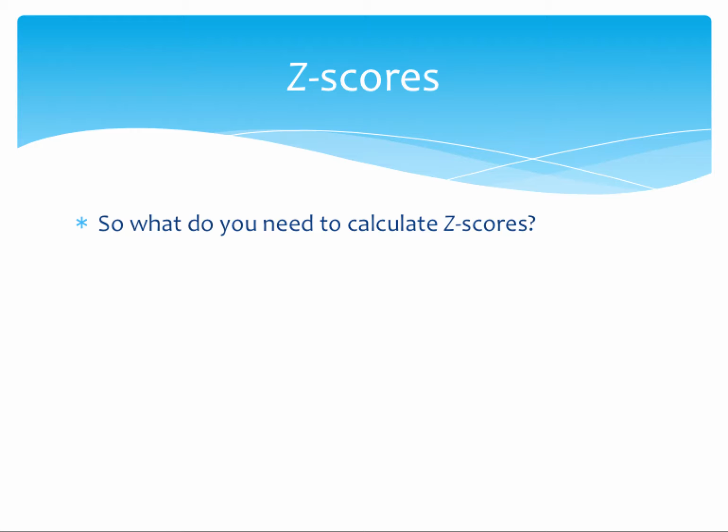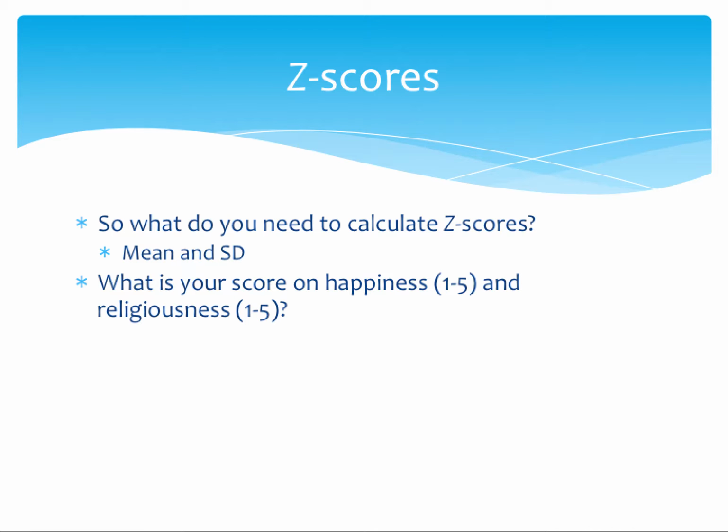All right, so again, some of you will already get this, but just to be sure, what do you need? You need means, standard deviations, and then your score. So let me ask you another question here. Jot down on a spare piece of paper, whatever you're taking notes on, your happiness score from 1 to 5, where 1 is not at all happy, 3 is moderately, and 5 is extremely happy.